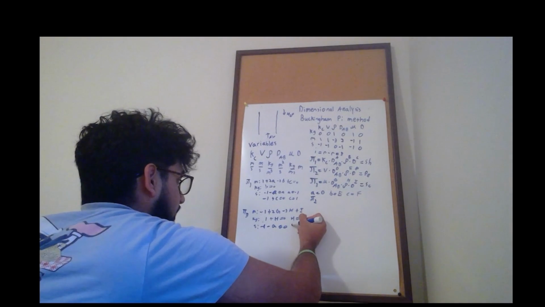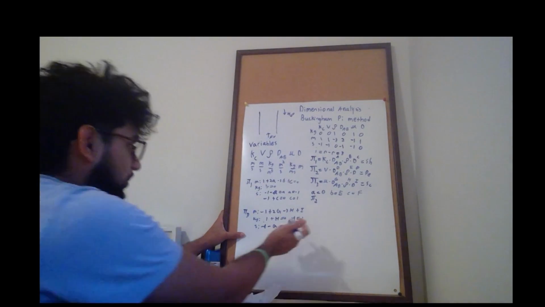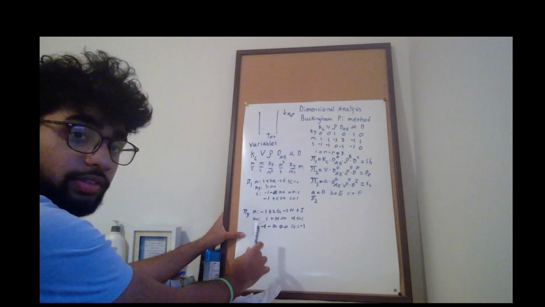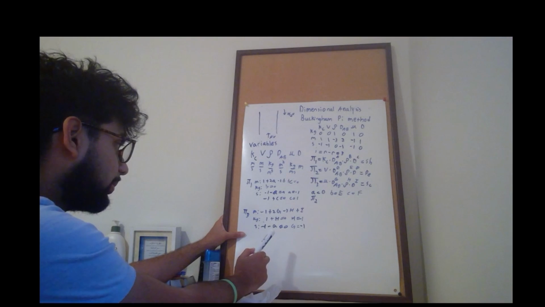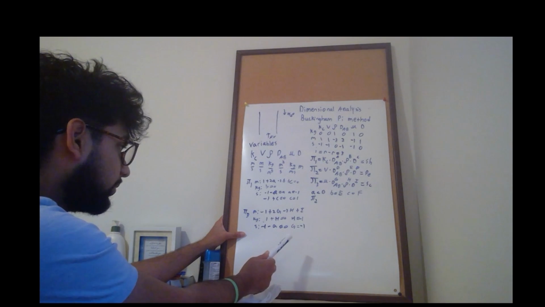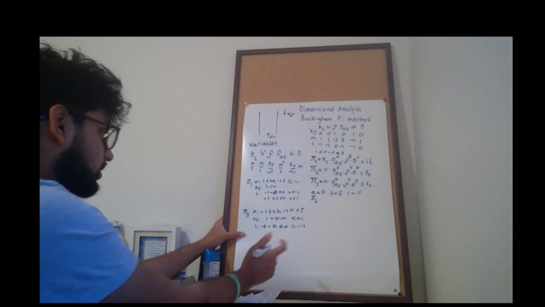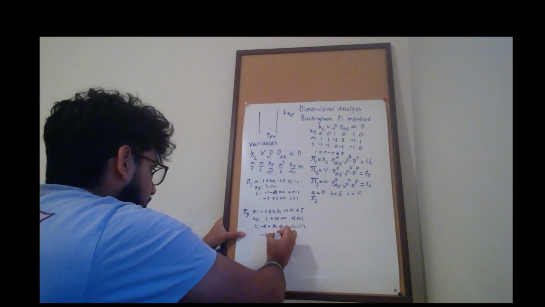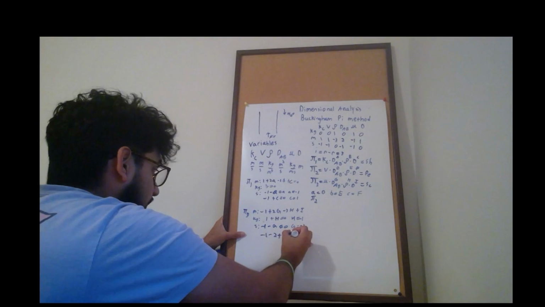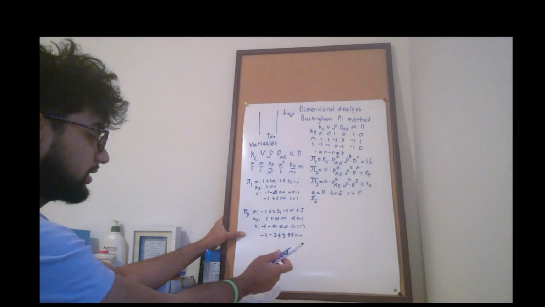So g also equals -1, because for this system of equations we have -1 minus g equals 0, so g has to equal -1. But yeah, so we plug that in, then we get -1 minus 2 plus 3 plus i equals 0. So -1 minus 2 plus 3 plus i equals 0. So we know that i has to also equal 0.